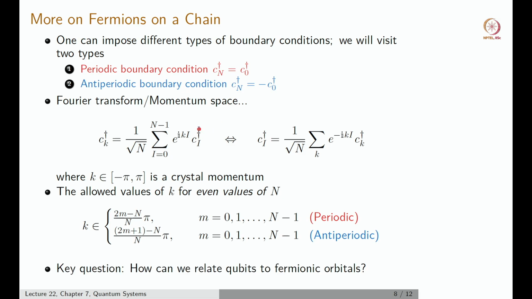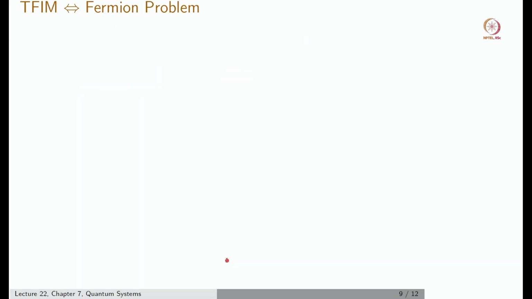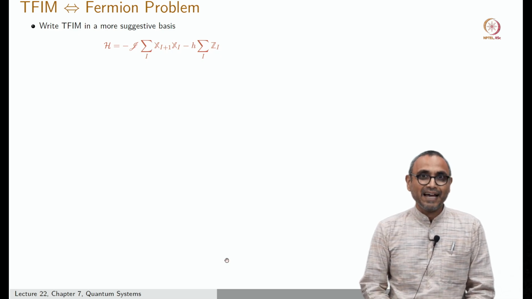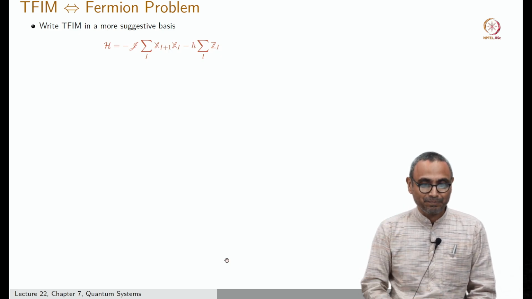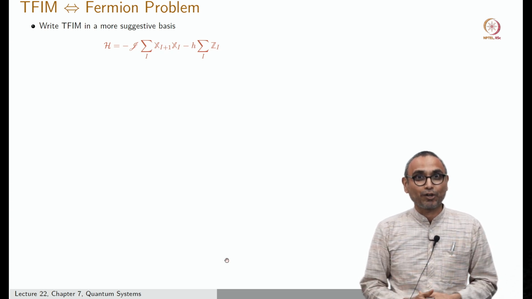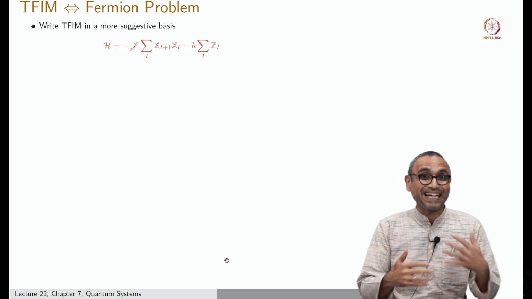Now, we have set up the platform to try to relate qubits to fermionic orbitals. So let's proceed with that exercise. I start with the transverse field Ising model, and what I do first is rewrite the transverse field Ising model in a more suggestive basis.